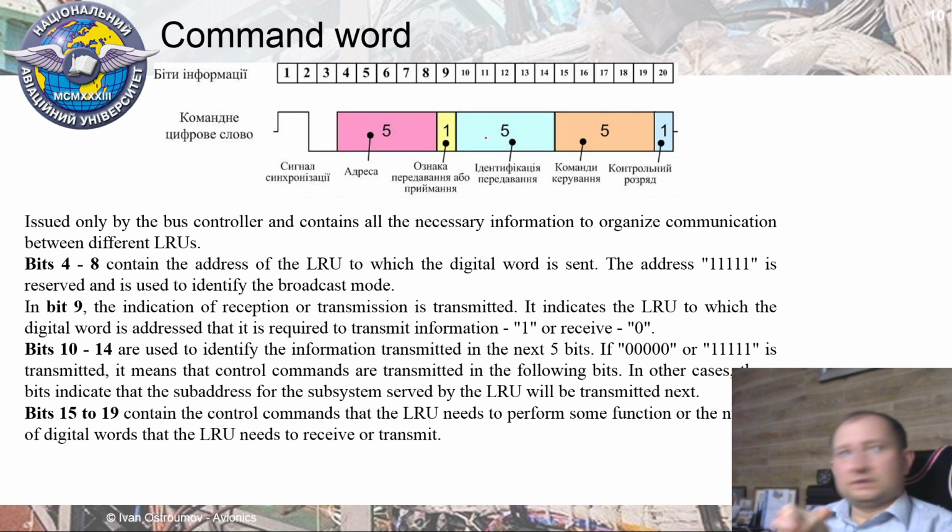Bit 9 indicates reception or transmission of data. It means that if we have 1, it means to transmit the data. If we have 0, it means that the addressed box is required for receiving the data.